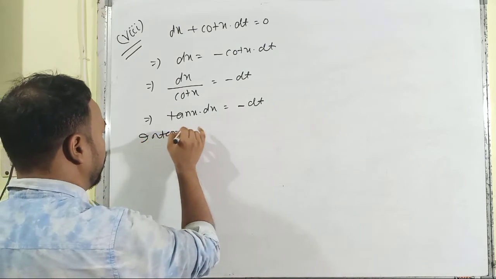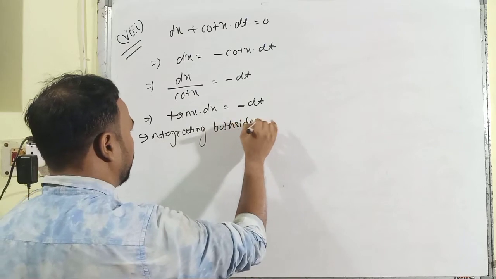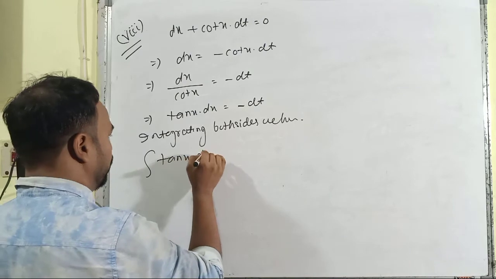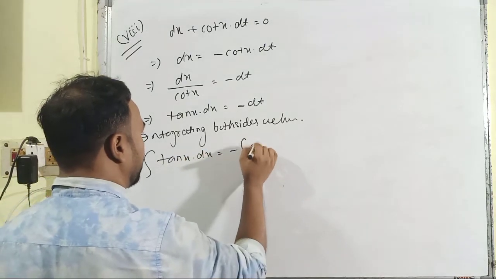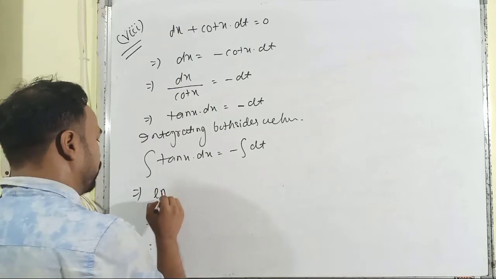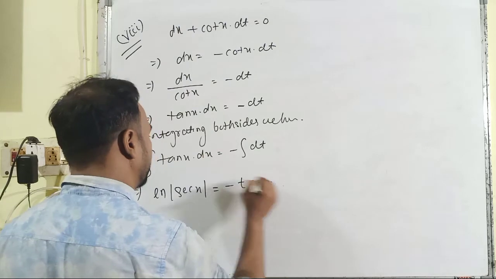Integrating both sides, we have integral of tan x with respect to x is equal to minus integral of dt. Then we find ln modulus of sec x is equal to minus t plus c.